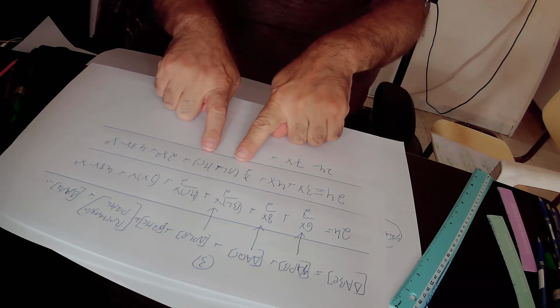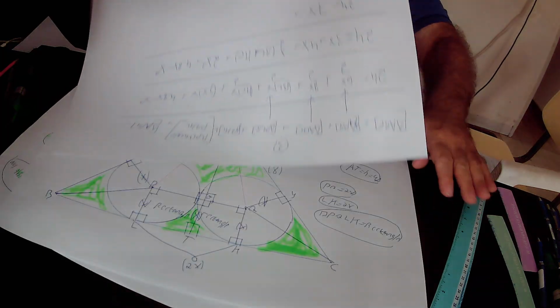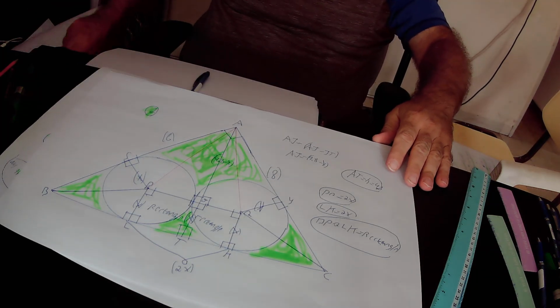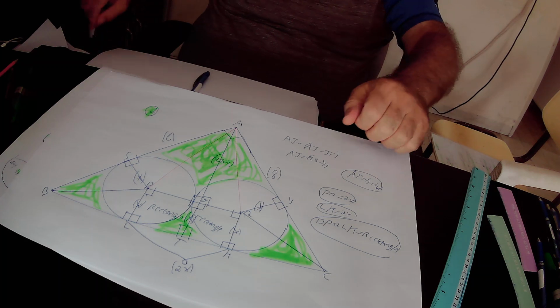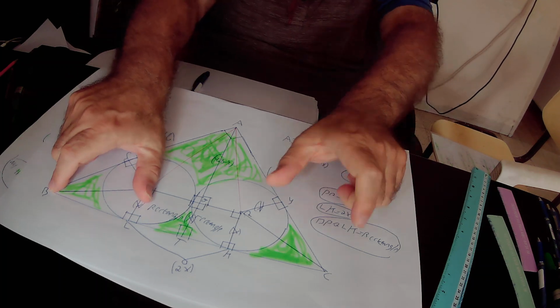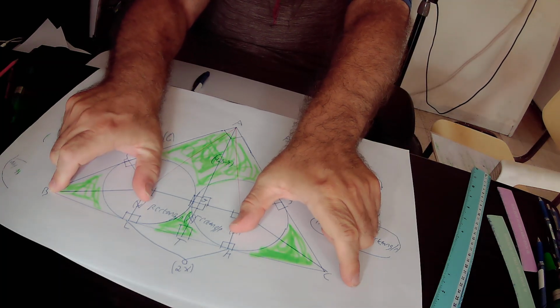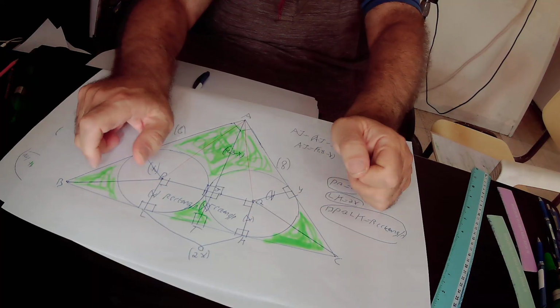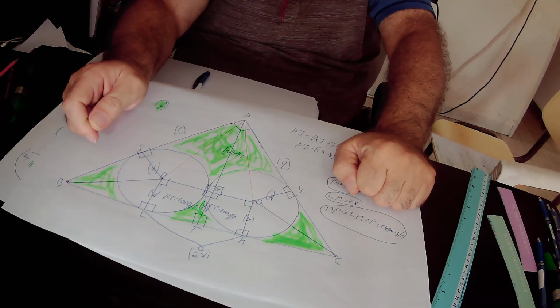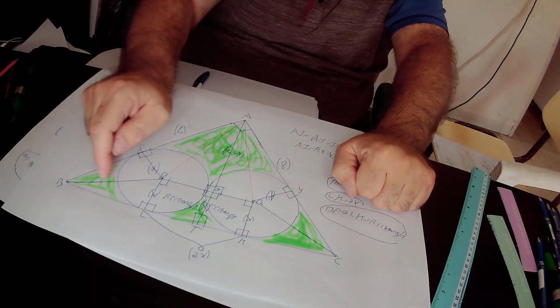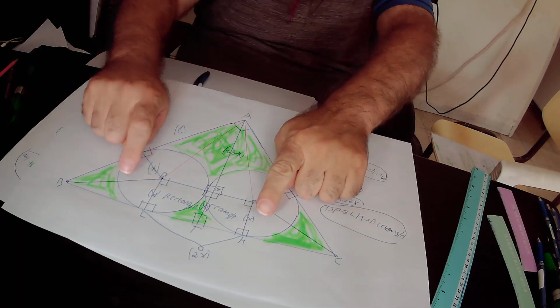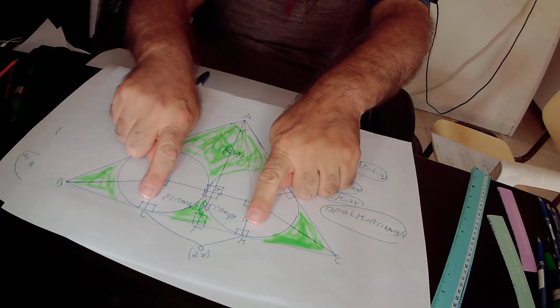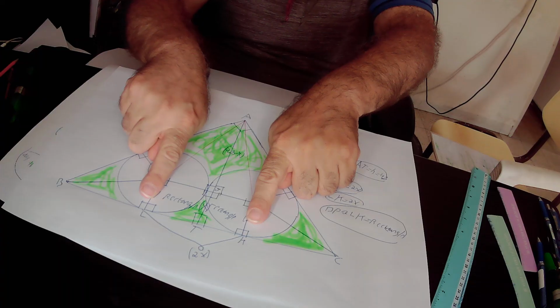So what is the value of BL plus KC? This is BL plus KC. What is the sum of those two line segments? From the drawing it is very easy to see that if you remove from side BC this line segment LK, what is left is BL plus KC.